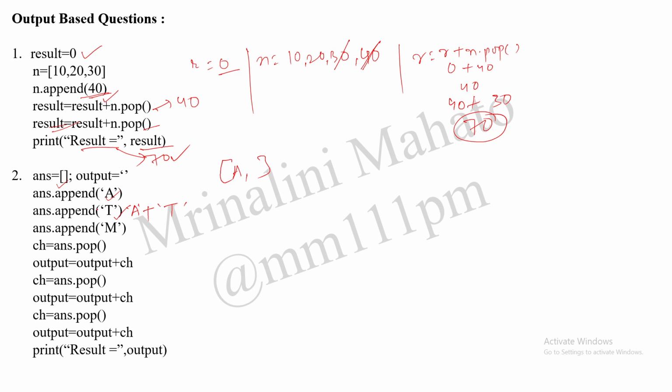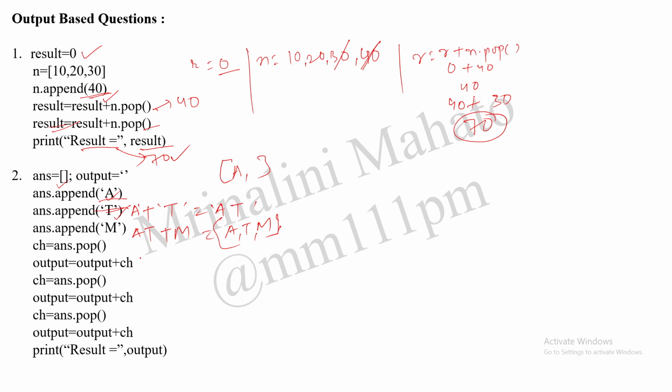Both are string values, so we can add them. So what value will come? A, T. Okay. Now next M is appended. So A, T plus M. What value will come? A, T, M. And in the list, it will just store one by one like this.